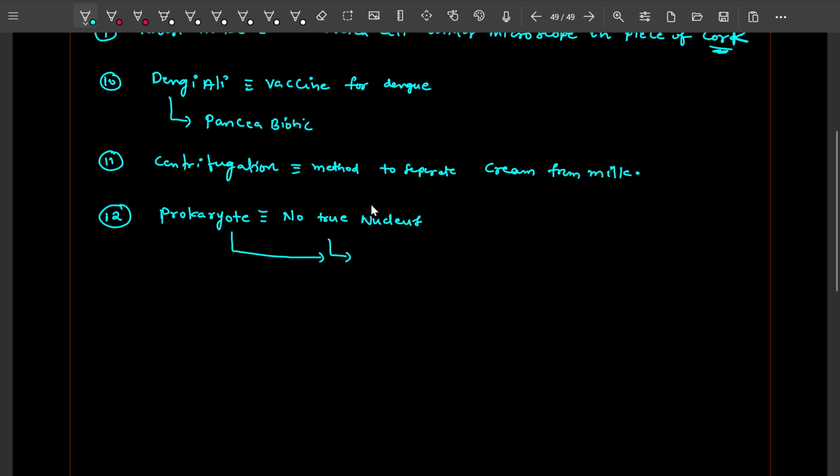No true nucleus means this is the cell having nuclear material without a nuclear membrane.